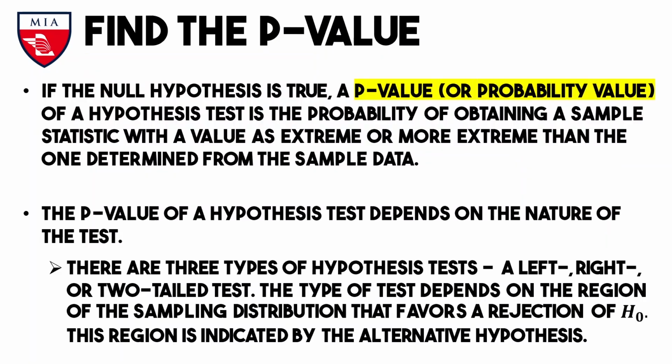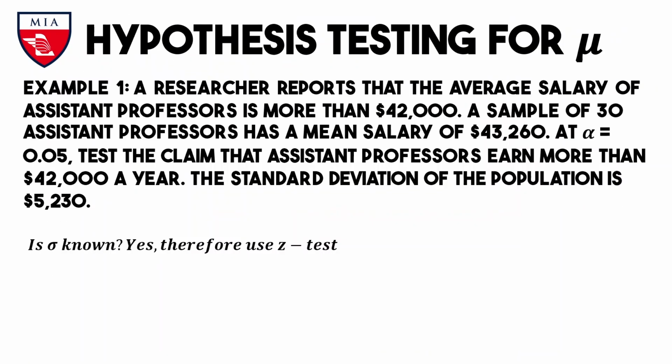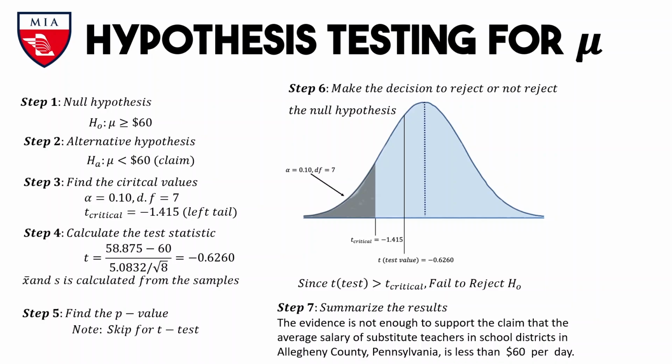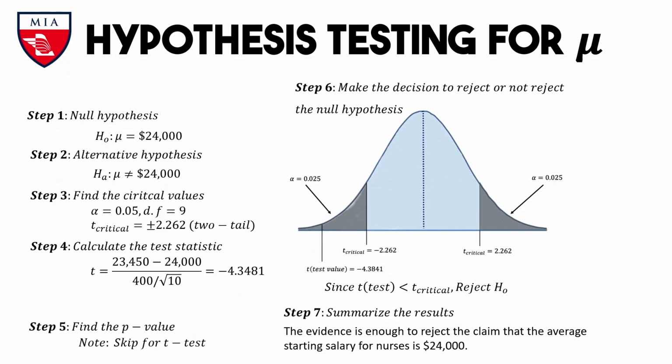So let's have an example where we can reject a certain null hypothesis. Our t-test here is negative 4.3481, and our t-critical is equal to negative 2.262. So our t-critical starts from negative 2.262, and this is 0.